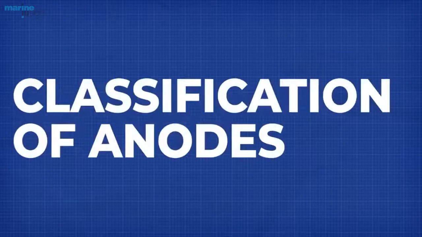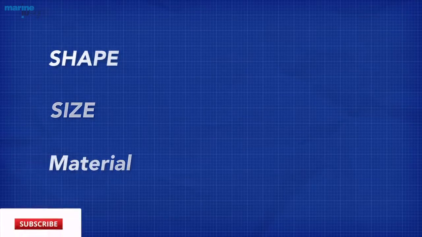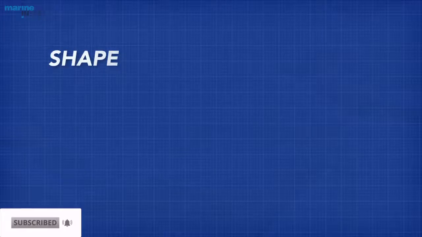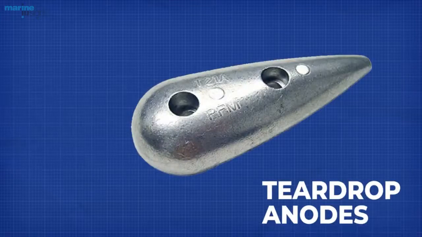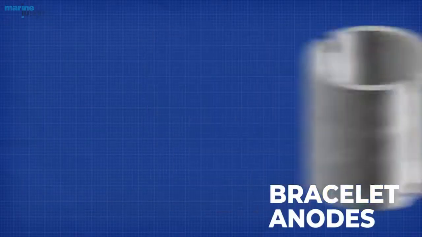Anodes are categorized under a variety of parameters. As per the classification of anodes on the basis of their shape, there are 6 types: flat or block-shaped, teardrop anodes, cylindrical or semi-cylindrical anodes, disc-shaped anodes, bracelet anodes, and tubular anodes.